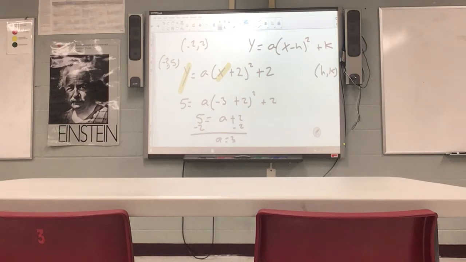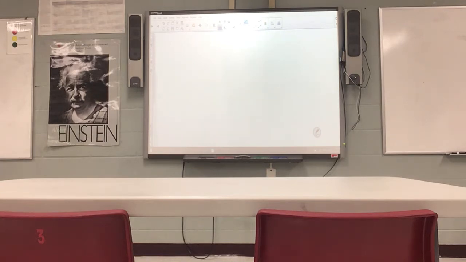Alrighty, number 7, we're rolling along here. Number 7 has y equals -3 times x plus 2 squared plus 5. Identify the vertex and the y-intercept. Well, it's in vertex form, so h, k: opposite on the h, and k is what it is.